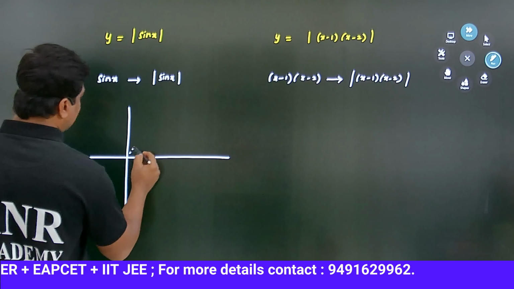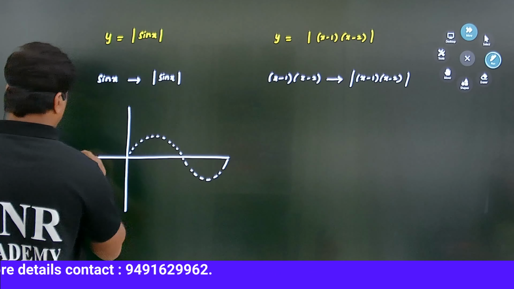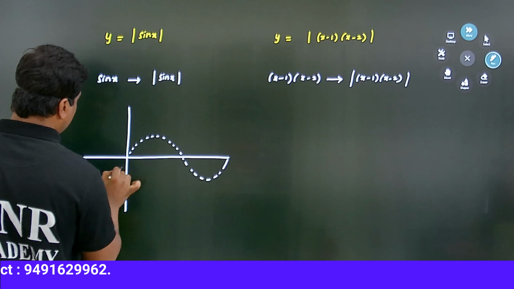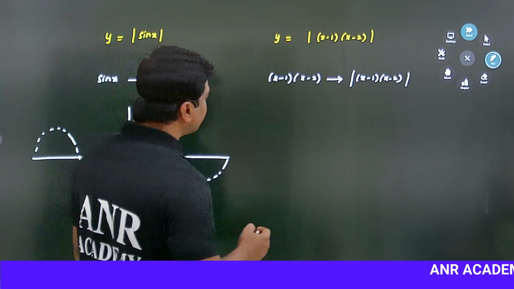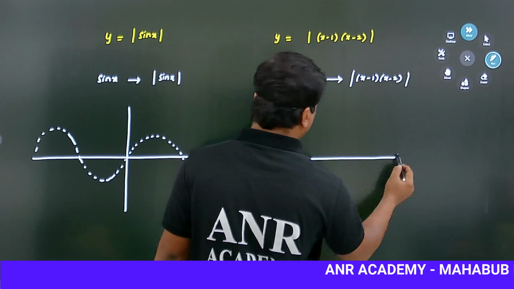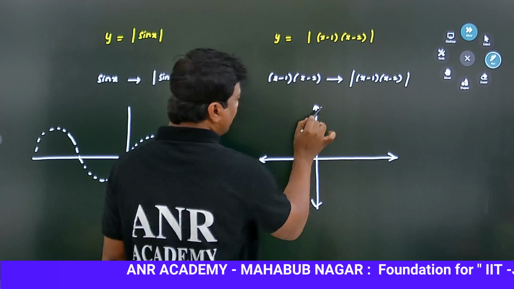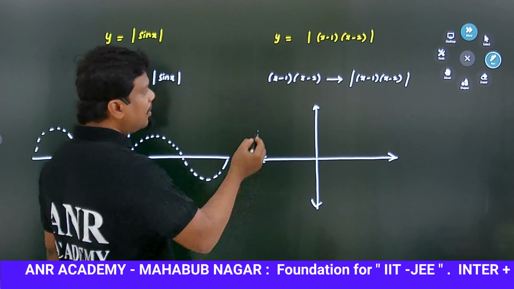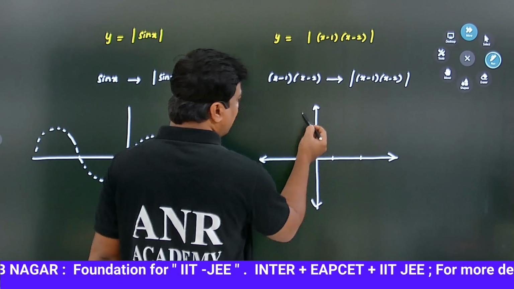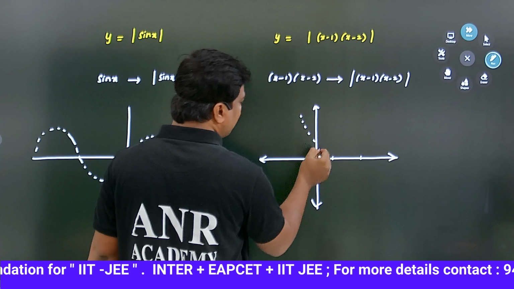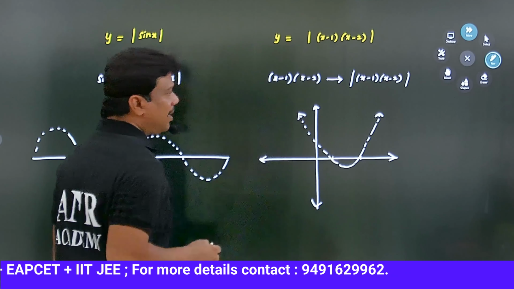This is the graph of sin x. Some portion is below the x-axis and another portion above the x-axis. Next, here mod of (x minus 1) into (x minus 2). Before going to draw that, first you have to draw the graph of (x minus 1) into (x minus 2). That indicates a parabola which passes through x equal to 1 and 2. This is the graph of second degree, right?